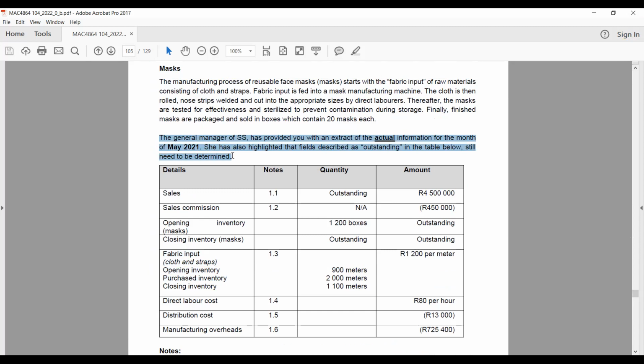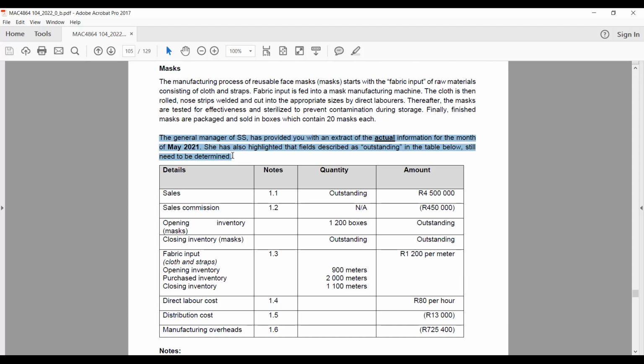There are three things we're going to pick up for each section in management accounting, in a question paper. Generally three things they'll tell you: whether the information is actual or budgeted, the date, in this case May 2021, and then the period. Is it a month? Is it a year?